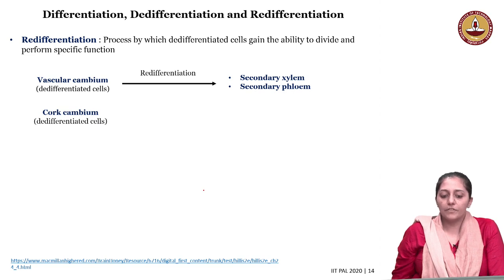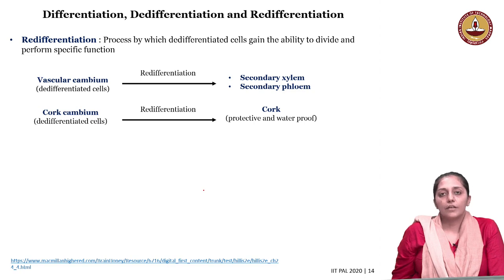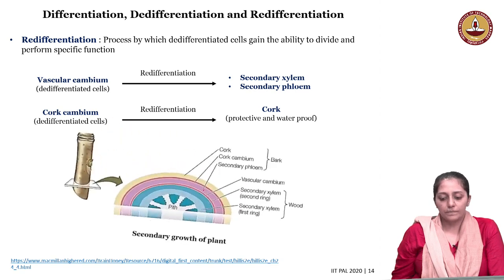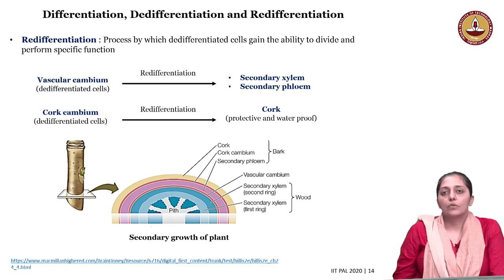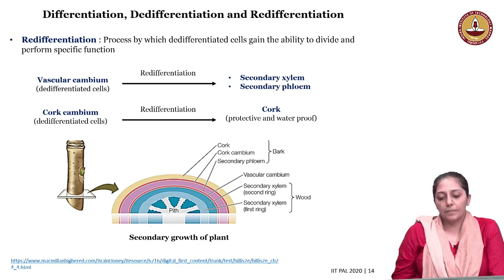Similarly, cork cambium, which is again made of dedifferentiated cells, will undergo the process of redifferentiation to form the cork, which is the protective or waterproofing tissue in the plant. So, this is how secondary growth enhancement will happen in a plant.